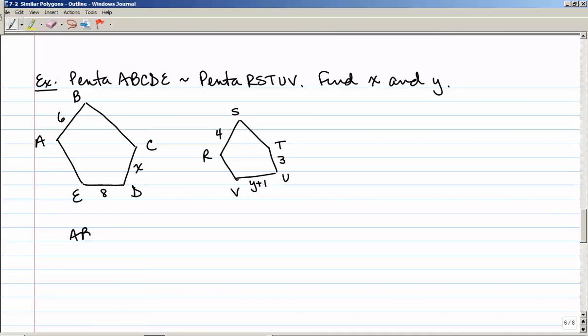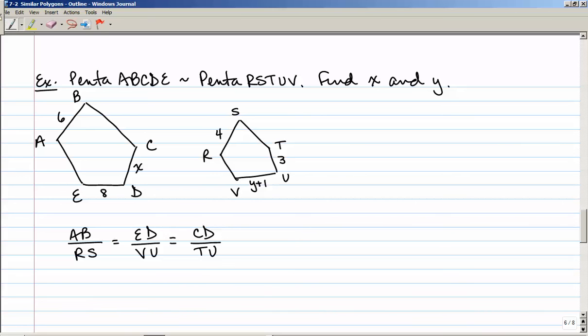AB over RS is equal to ED over VU, which is equal to CD over TU. Notice one other thing, when I wrote my proportion, all of my letters on the top refer to the first pentagon, and all of my letters on the bottom refer to the second pentagon.